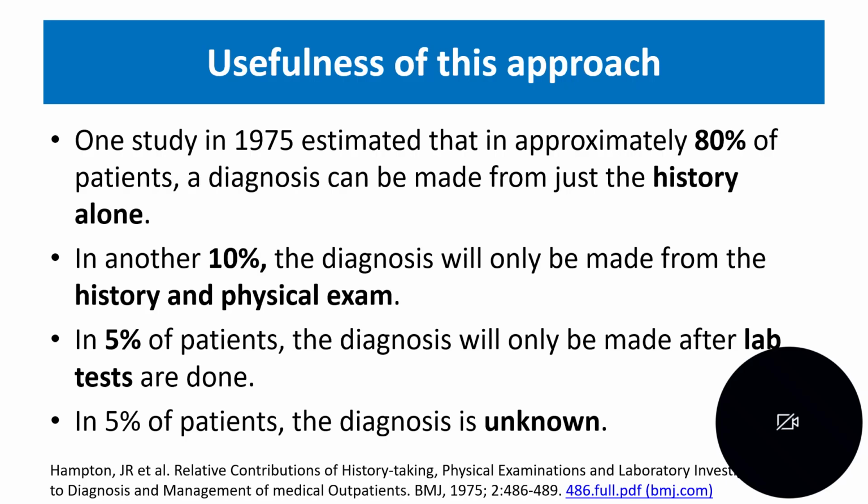In another 10%, the diagnosis can be made after you've taken the history and done a physical examination. In an additional 5%, the diagnosis is clinched by doing lab tests, and we'll talk about that in week 3. And in the remaining 5%, the diagnosis is unknown. We use officially the term in medicine idiopathic.